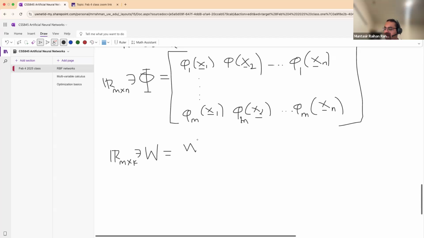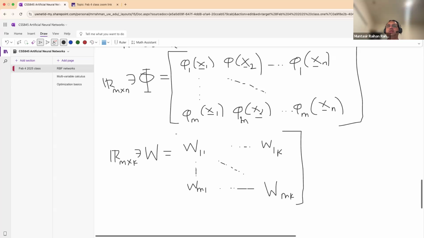If I write it down, it should be something like this: W11 up to W1K, and this could go down to WM1 up to WMK.